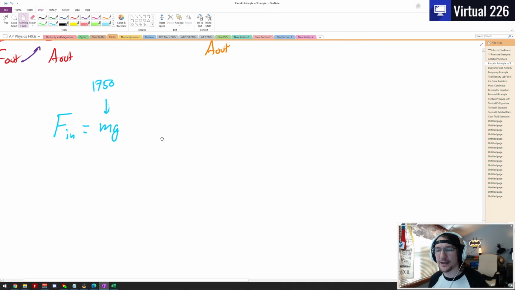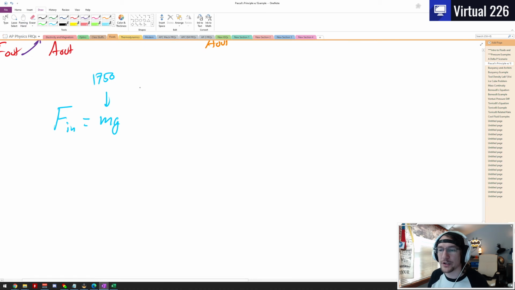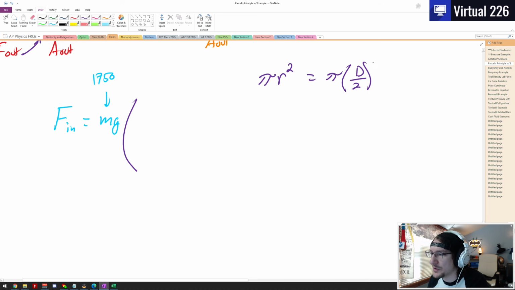And the reason I'm not putting in any numbers yet is I want to show us something kind of cool here with the ratios of the areas. We know that since these are circular openings, circular openings have areas of pi r squared, or you could say that's equal to pi times the quantity of d over 2 squared. Now, I don't really want to have to divide by 2, and I really don't want to have to carry this pi around.